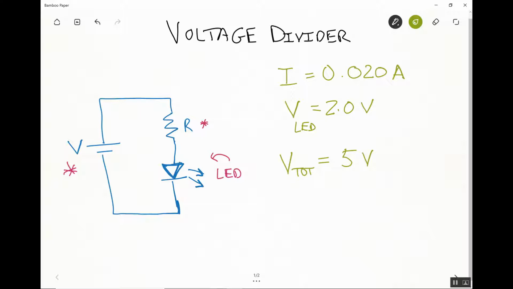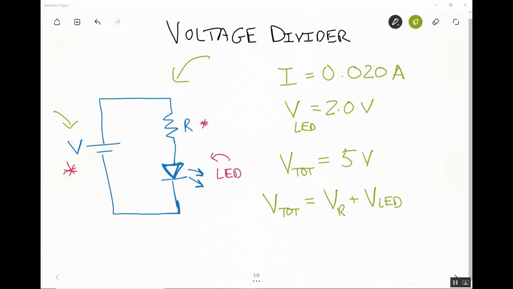So if the total voltage being supplied to this circuit is 5 volts from the Arduino digital input-output pin, and we want to design the circuit so the LED gets 2 volts, how much voltage should the resistor use? What should be the voltage drop across the resistor? Did you say 3 volts? I hope so.